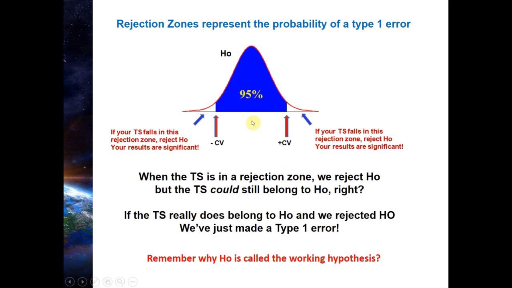All right. Now, if your test statistic happens to fall in between, then you're going to have to say that your test statistic is not significant and you retain HO. All right. Now, remember that even if we reject HO, let's say our TS is here, we're assuming that it must be a higher probability event on some other distribution.